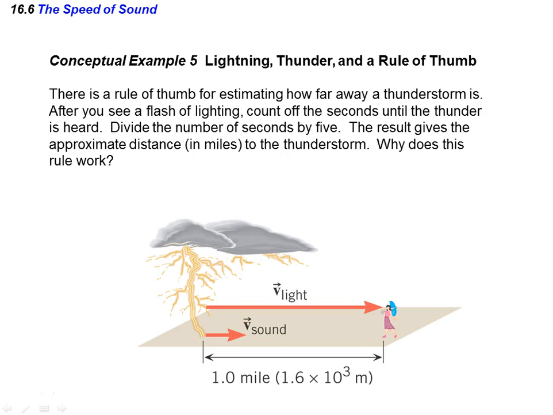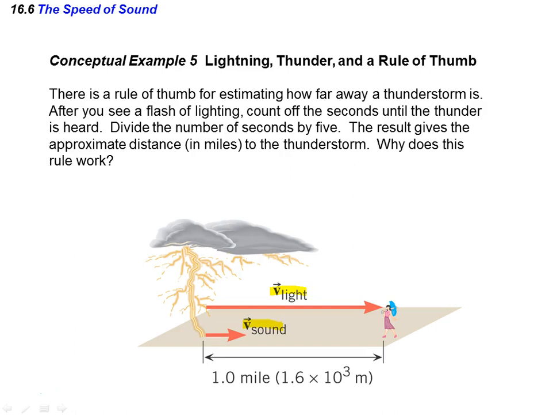Well, in order to understand why this works, we have to look at the difference between the speed of light and the speed of sound. And 1 mile is about 1,600 meters. The speed of light we know travels at 3 times 10 to the 8th meters per second.